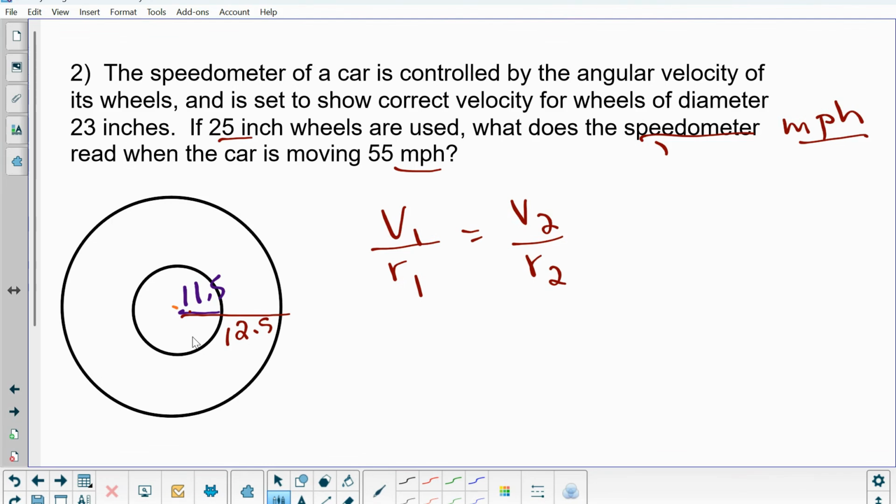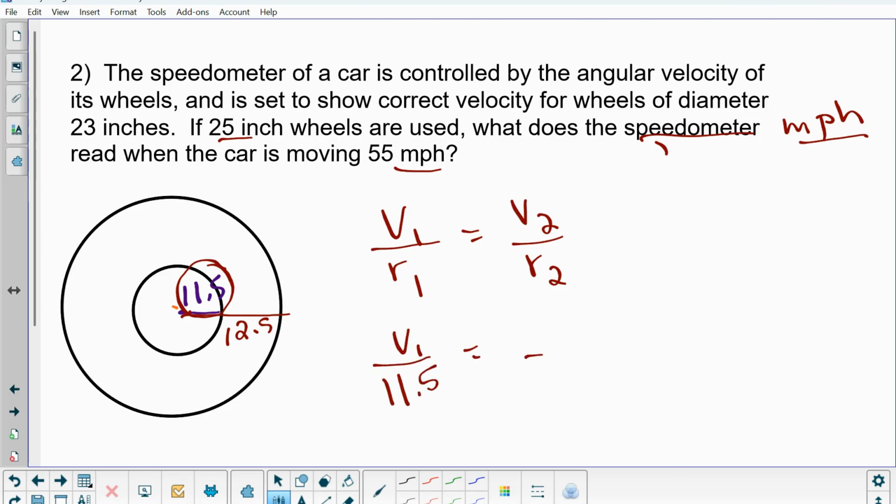Okay, so it spins the wheel. You're saying, oh, I want to go 55 miles per hour, and it spins the wheel at that angular velocity to hit that speed. But it is set up for this radius, and so that's why it's going to be wrong. So we don't know the actual speed of the car that has a radius of 11.5. That's the one we don't know.